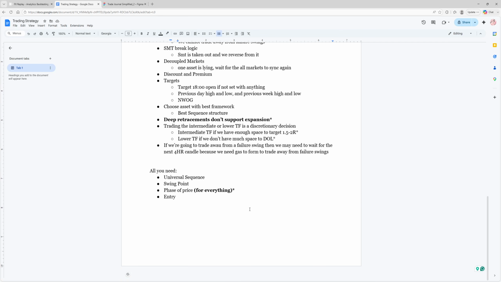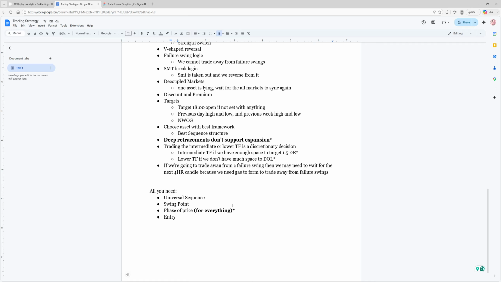So ultimately, what is GXT and TTFM, otherwise known as Garrett's model and T Trade's model? All you need really, and this is super simplified, is universal sequences. What is universal sequences?